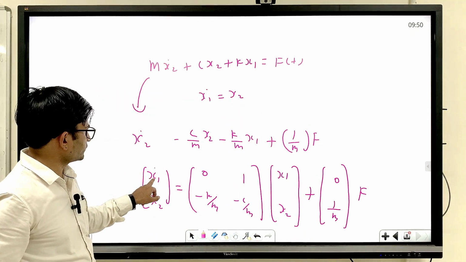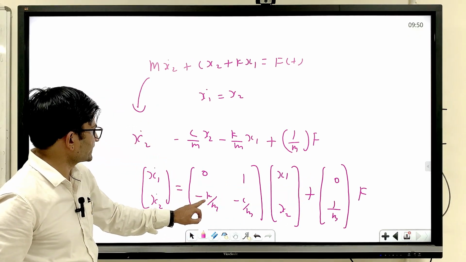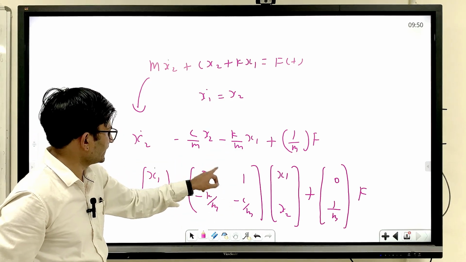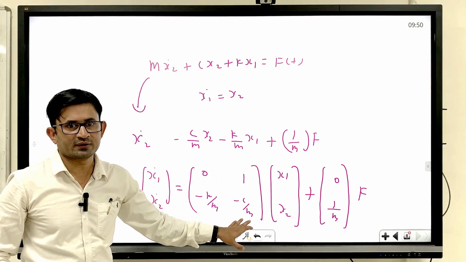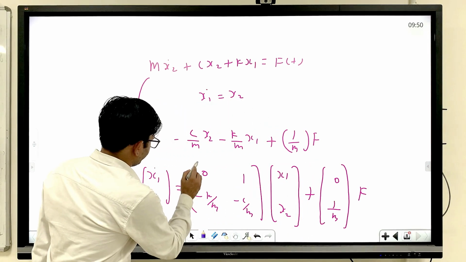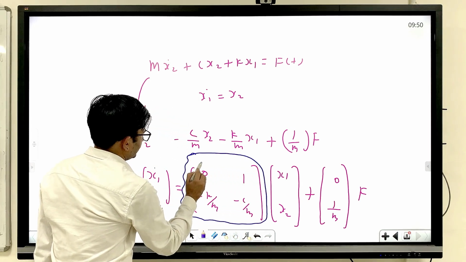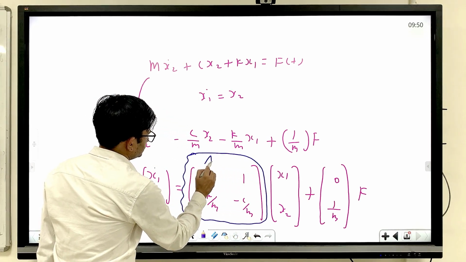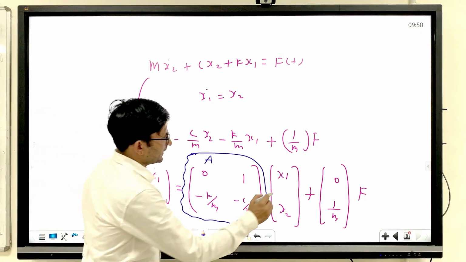If you open this, x1 dot equal to x2 you will get, and x2 dot equal to minus k by m x1 minus c by m x2 plus 1 by m f. In matrix form I have written it there. What can you say about this part? A matrix. What is this part?